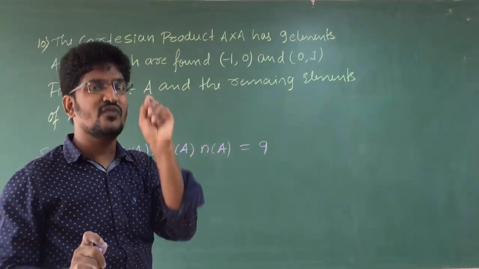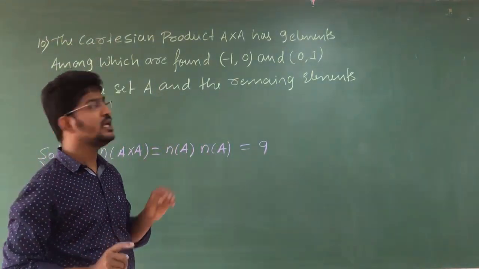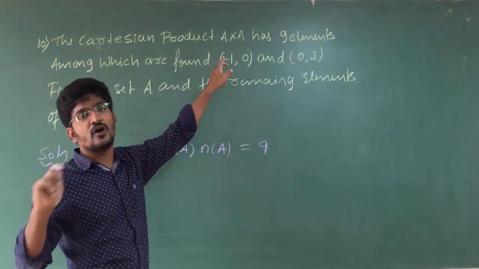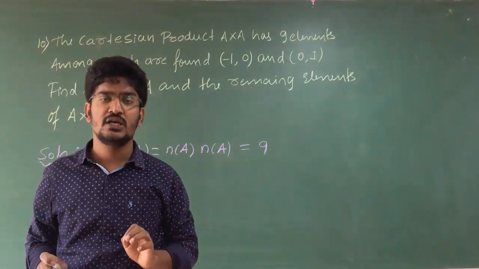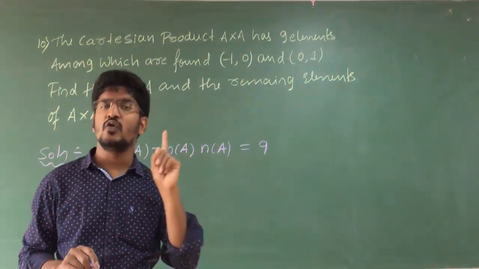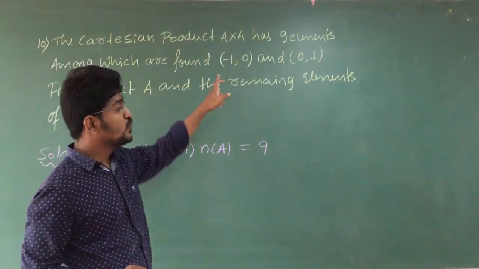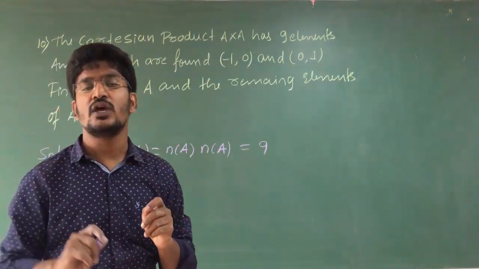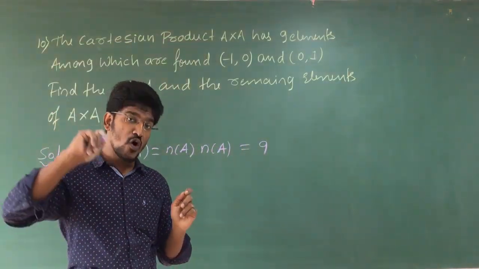Here there is only one set A. If you have two different sets A and B, the first element will be from A, the second element will be from B. Are you getting my point? But here they have mentioned only one set A. So for that reason, minus 1 belongs to A and 0 also belongs to A.